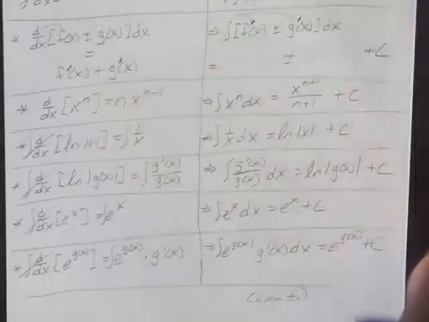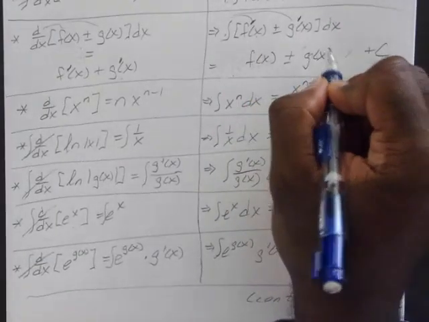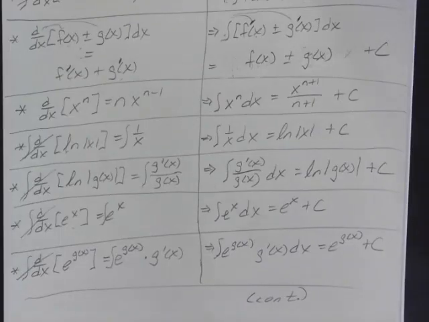So we'll just make that f of x plus or minus g of x, since we already know they're with respect to x, plus c. So you can kind of see here where everything is pretty much undone between derivatives and antiderivatives. So that's kind of their relationship.